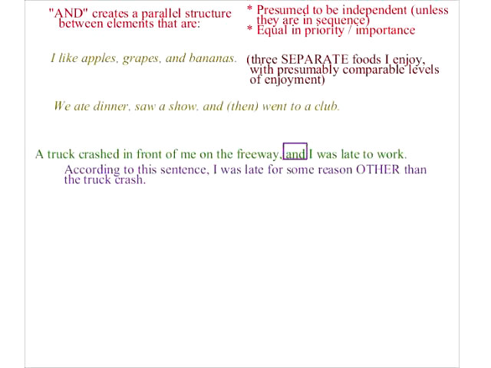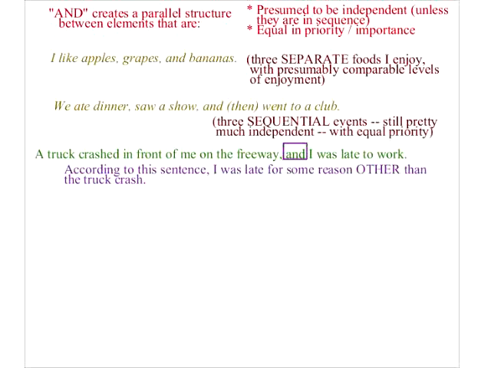Then this is a sequence of events. These are three sequential events. Still not really dependent on the other. Still pretty much independent, with none subordinate to the other, with about equal priority. So this is the way that you use the word and.